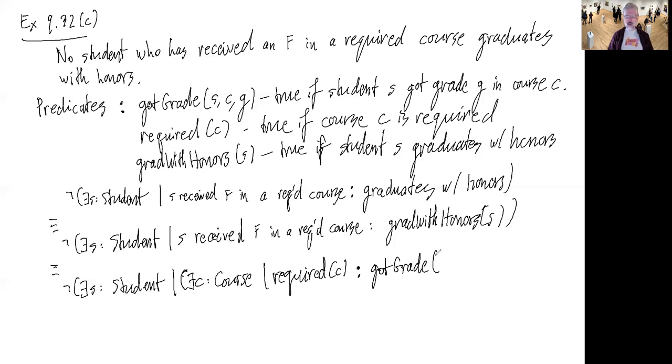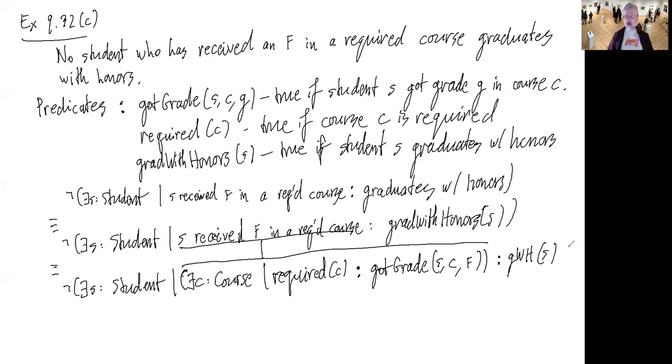Well, the student is S, the course is C, and the grade is F. So this part here is matching this part here. It's the translation of that piece there. And then we add the GradWithHonors, which I'll abbreviate because I'm running out of room. There, and then we're done.